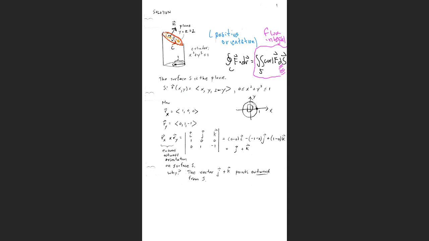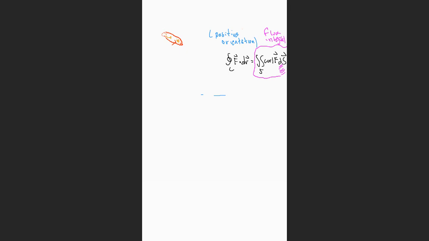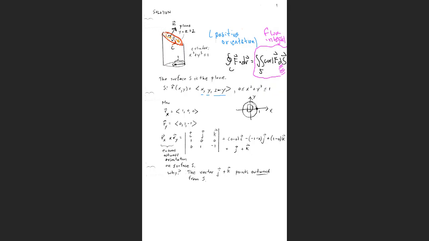Since the plane is y plus z equals 2, that means z equals 2 minus y. Let x be x, let y be y. So it's convenient to let x and y be my parameters.